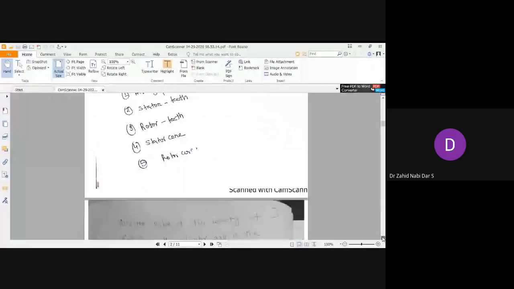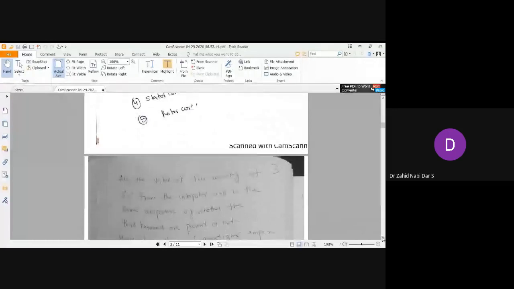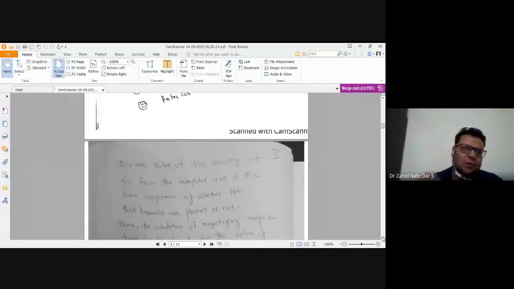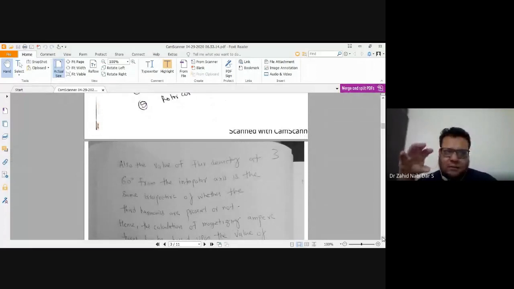Now, one more thing about this was the value of flux density. Normally in machines you have an interpolar axis, that is called the DQ axis, your direct and quadrature axis, and you have seen that the average flux density is at 60 degrees from the interpolar axis. Normally your third harmonic would get eliminated at this particular axis, because your maximum flux density happens at an angle.